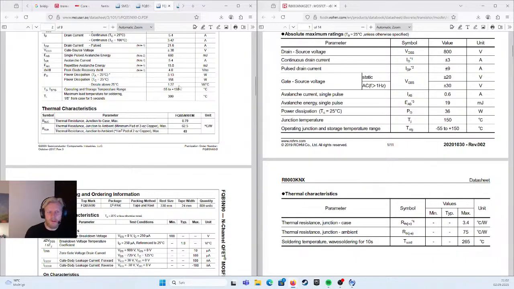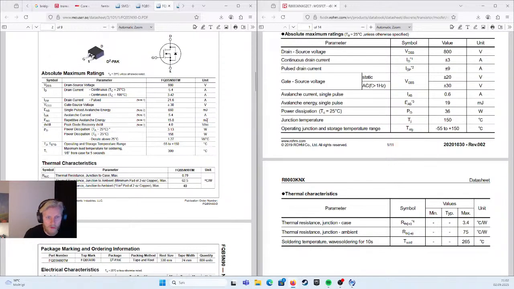So it has a way higher power dissipation capability then, and that's how I interpret that this MOSFET can dissipate up to 158 watt under the case temperature of 25 degrees Celsius. Compared to 36 here.